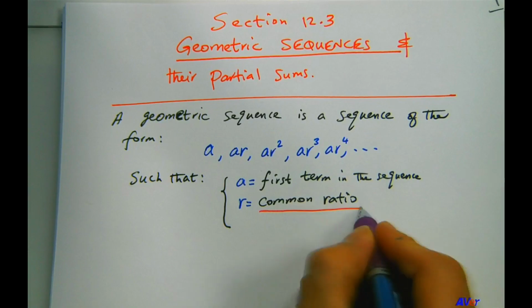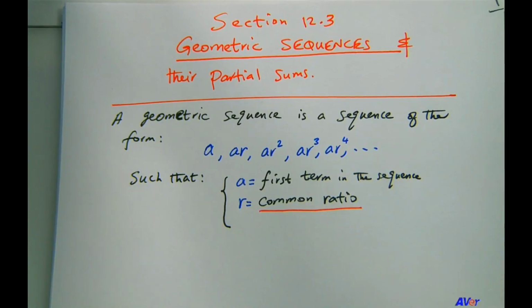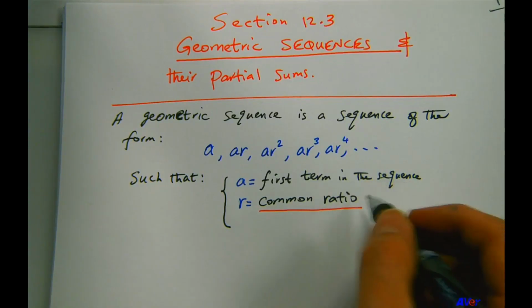Remember with arithmetic sequences we talked about common difference. Remember what that was? For that type of sequence, this is the common ratio. We will have more to say about this in the coming examples.